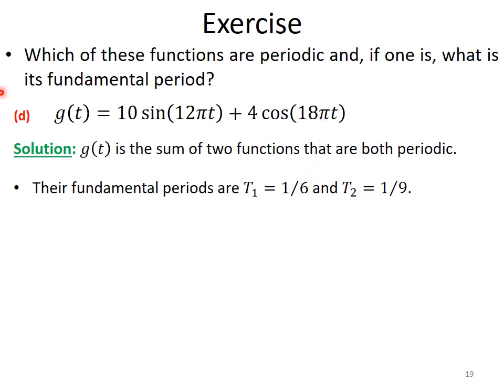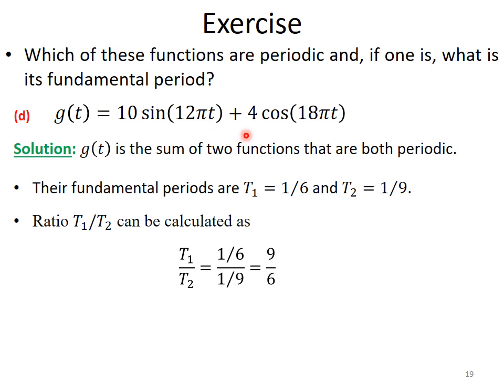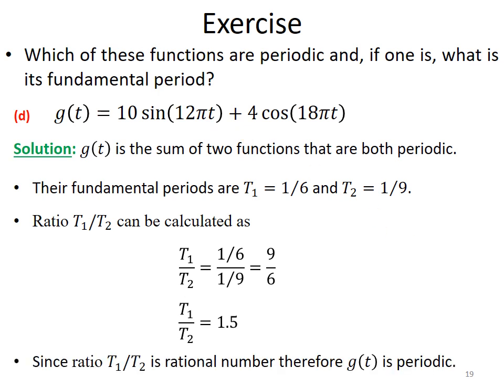So the corresponding time periods are 1 upon 6 seconds and 1 upon 9. Now we need to find out whether the resultant function g of t, the sum of these two components, is periodic or not by finding the ratio of time periods. If the ratio is rational, the function would be periodic, otherwise not.